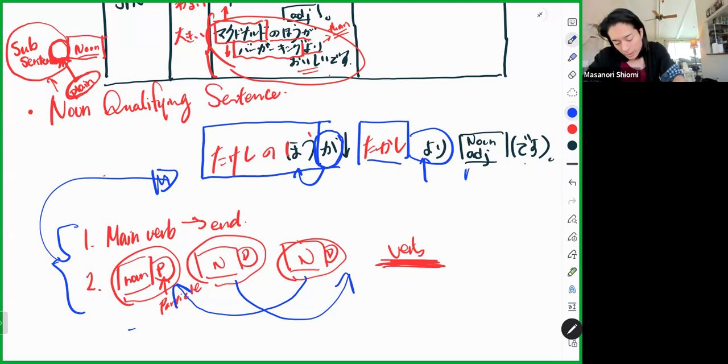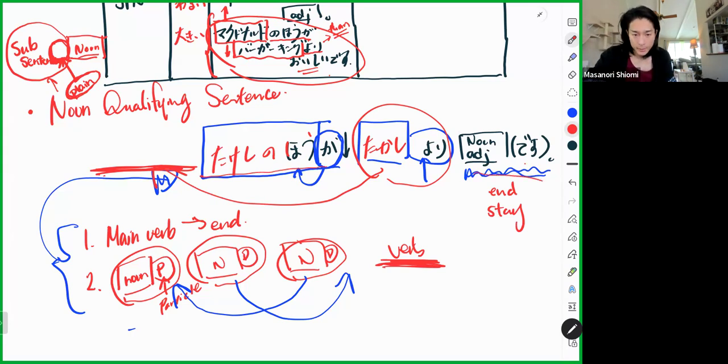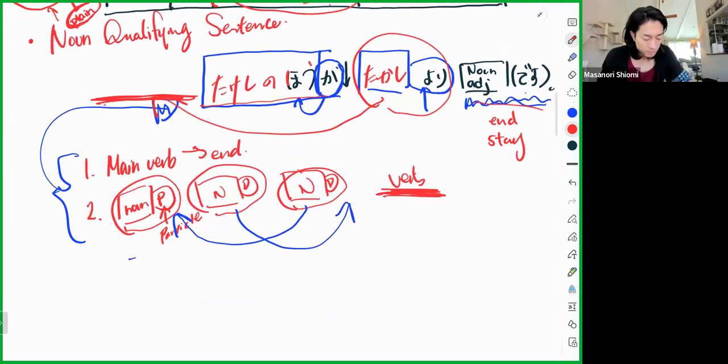And then whatever noun or adjective at the end. So here it stays, right? We can't shuffle here. But we can at least shuffle here and start with something that's inferior. And we can say, Takashi yori, Takeshi no hou ga Nihonjin desu. That's fine too, right? Using the word shuffling rule.